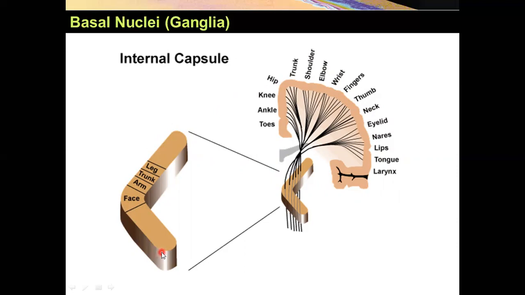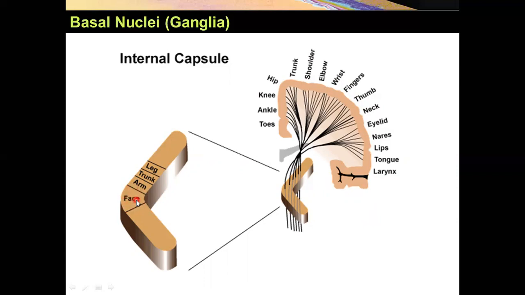For example, the efferents arising from the motor homunculus run down through the genu of the internal capsule.